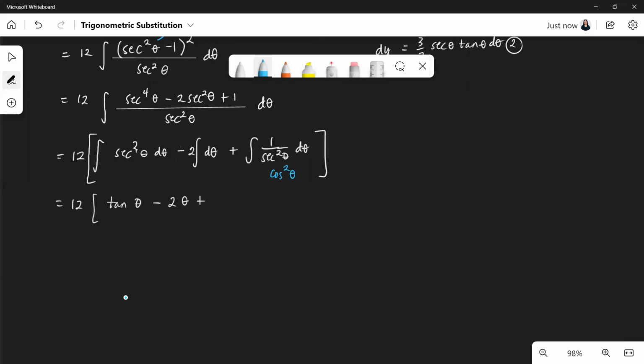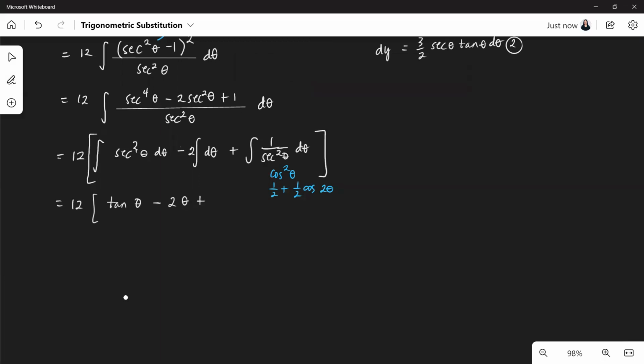And we have the power reducing identity for cosine squared, which is equal to 1/2 plus 1/2 cosine 2 times the angle, so meaning cosine 2 theta. And you can integrate each term.